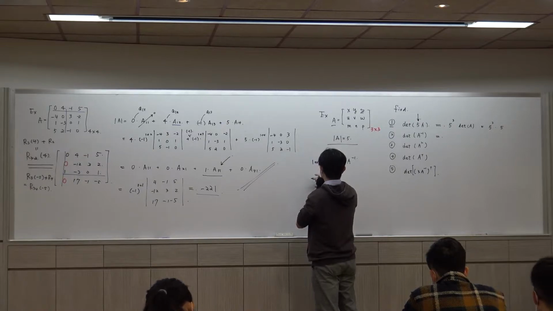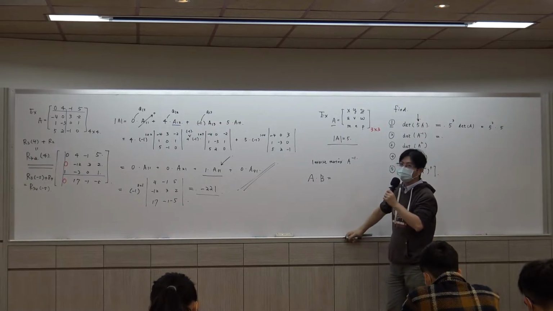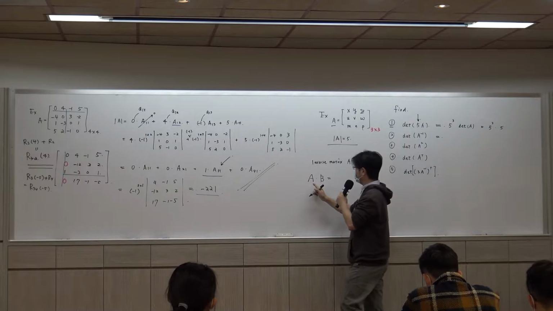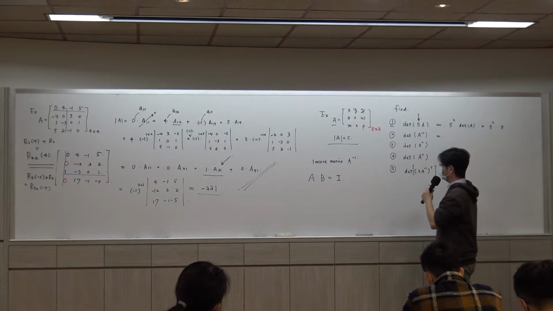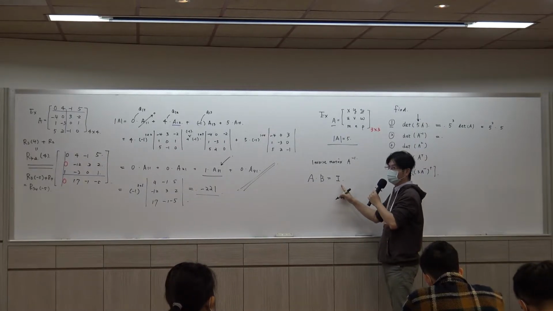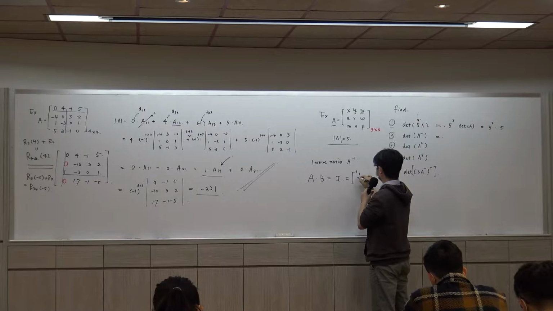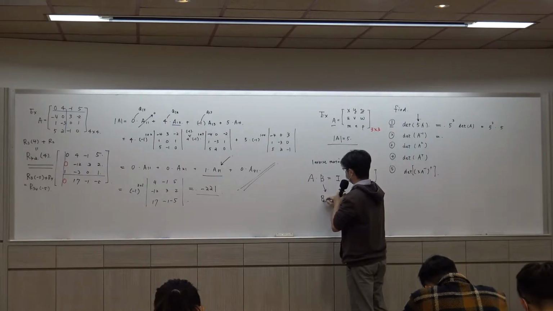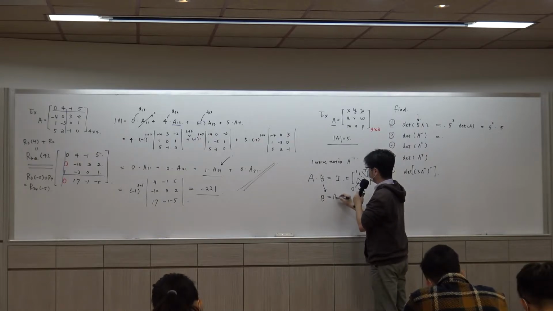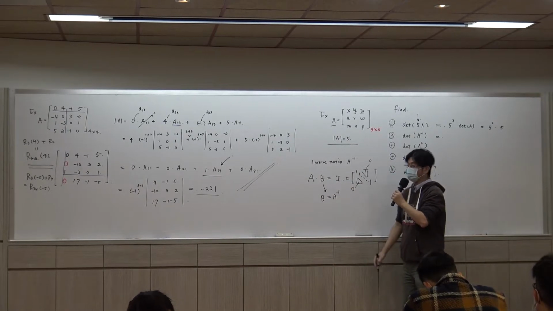The definition of the inverse matrix is that A and B are square matrices, and A times B equals the identity matrix, a unit matrix like this. So we call B the inverse matrix of A.